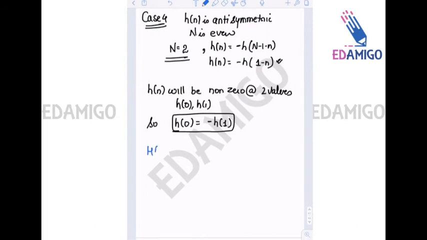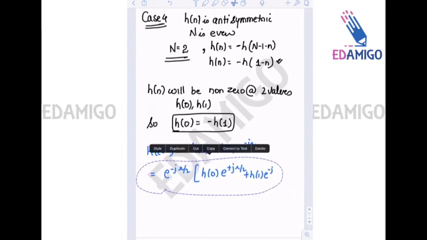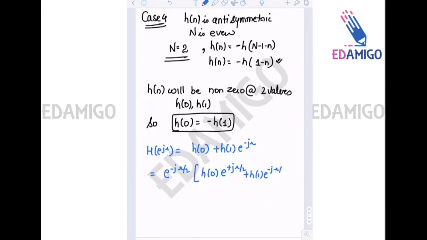Now if I write H e to power j sigma, that will be equal to h0 plus h1 e to power minus j sigma. Now taking e to power minus j sigma by 2 common, I will get h0 e to power plus j sigma by 2 plus h1 e to power minus j sigma by 2.